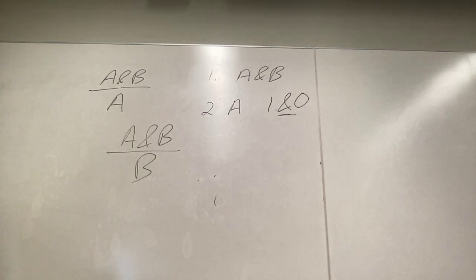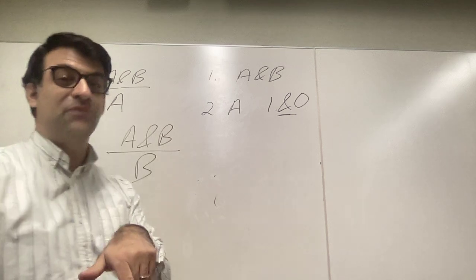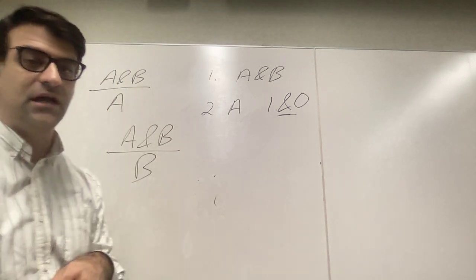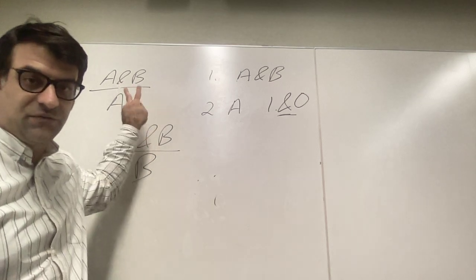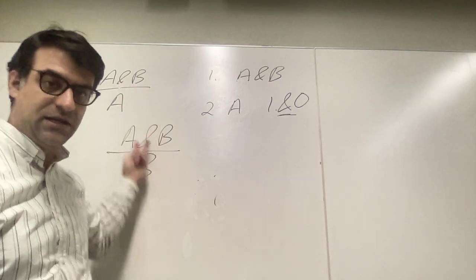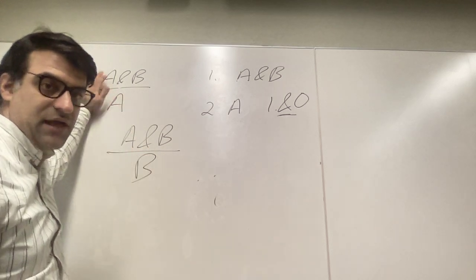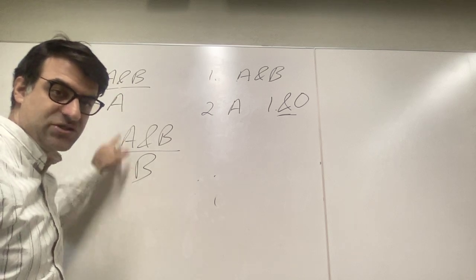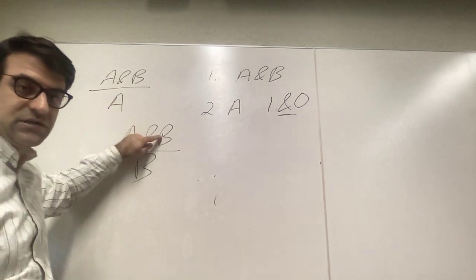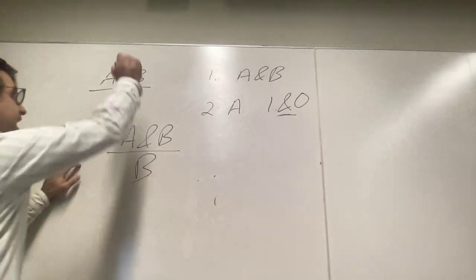We're not doing equivalence rules in this class, but when I was taking this class in the late 1900s, to do this, you would have to use an equivalence rule to change A and B to B and A. But we allow you, with any and statement where and is the main connector, to detach either the left half or the right half. That is our and out rule. This is the and out rule.